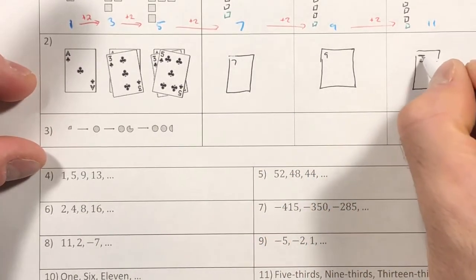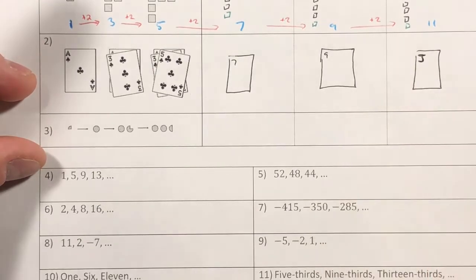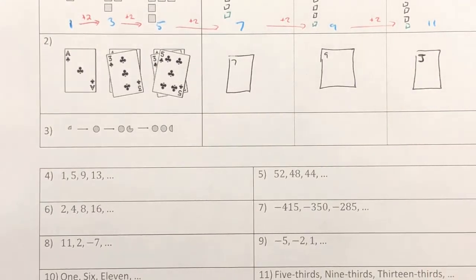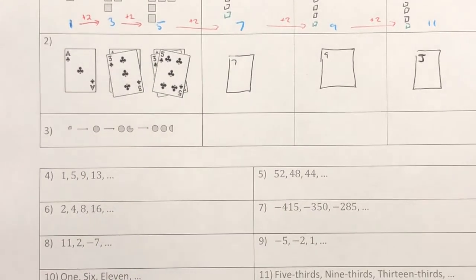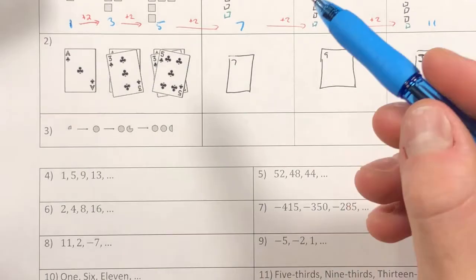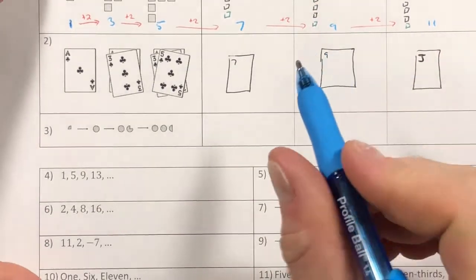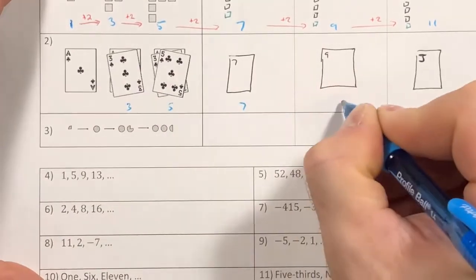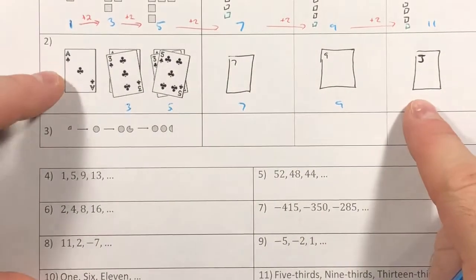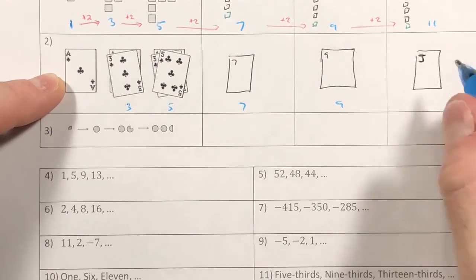That kind of looks like a 3, so I'm going to... There we go. The jack. And again, this isn't too big of a deal. We can count the cards and move fairly accordingly. But if I translated these down into values, we know that the 3 and the 5 and the 7 and the 9 are no big deal. The ace and the jack, though, I have to give them numerical values.